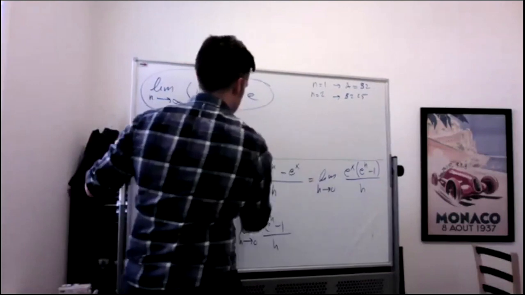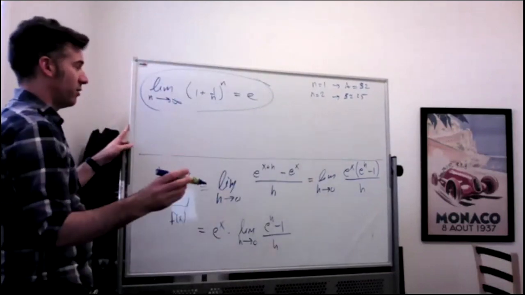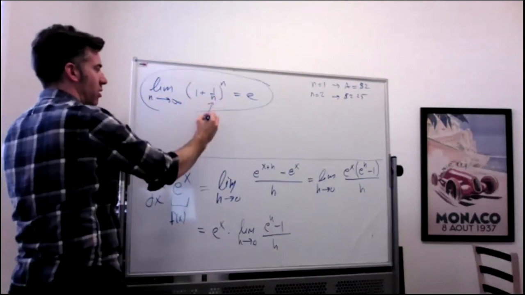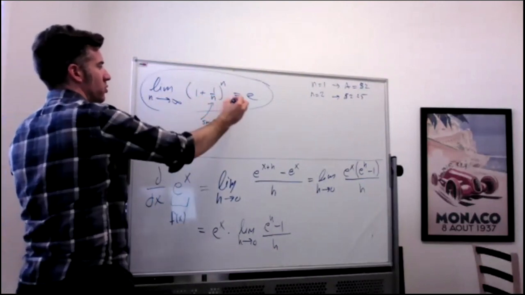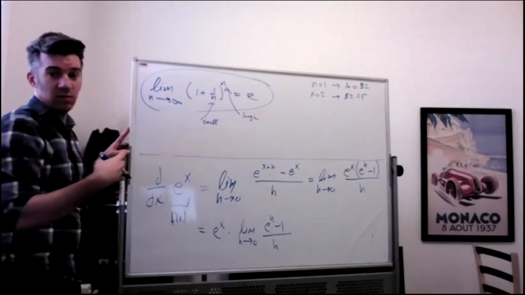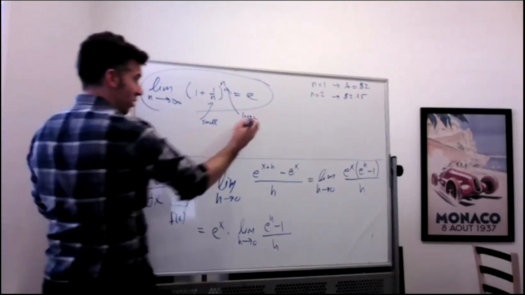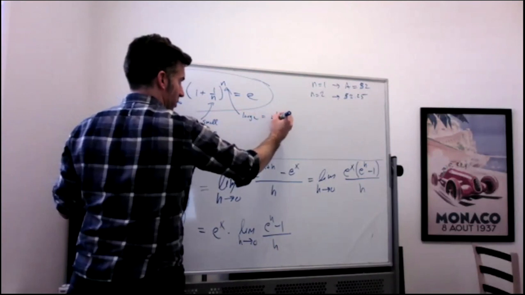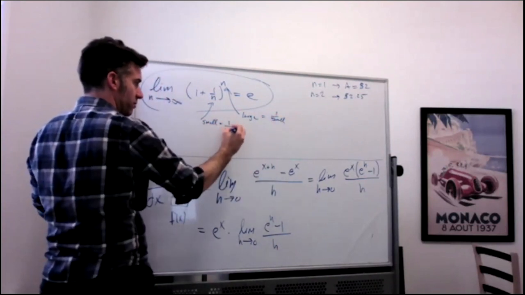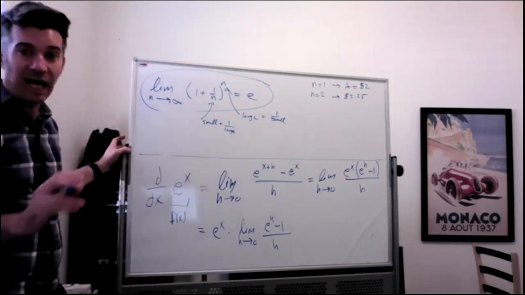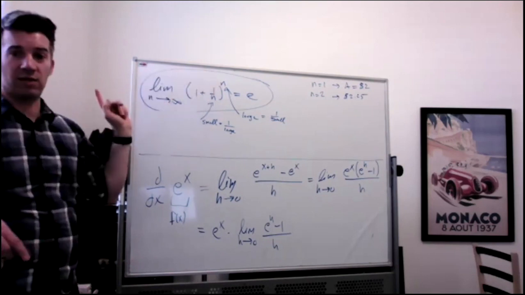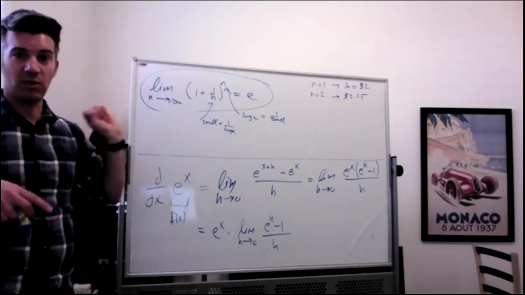But the point I want to make is the following. If you have the limit of 1 plus a small thing to a power of a large thing, where the large thing and the small thing are reciprocals, so the large thing is exactly 1 over the small thing, and the small thing is exactly 1 over the large thing, that limit's always e.